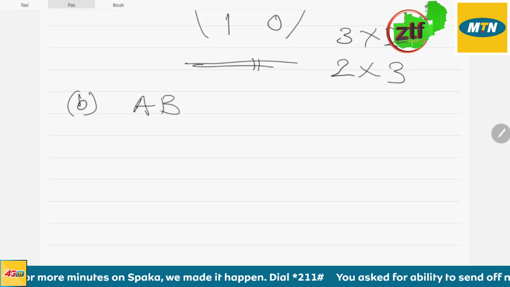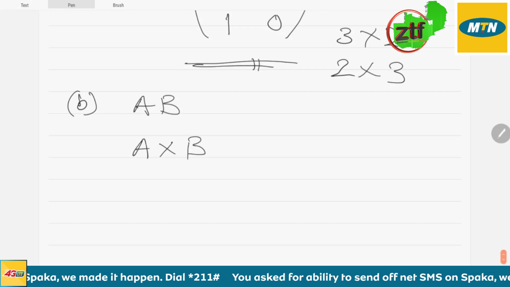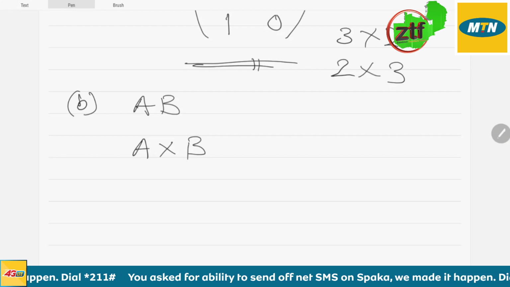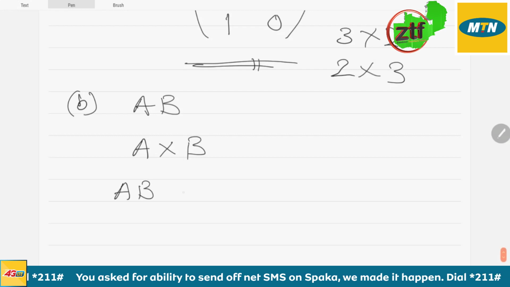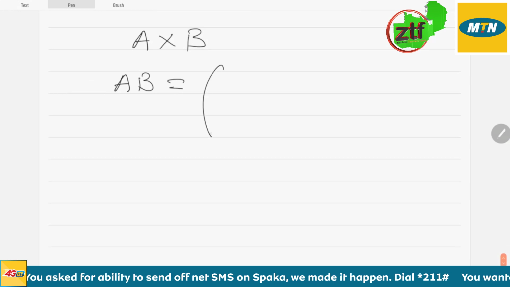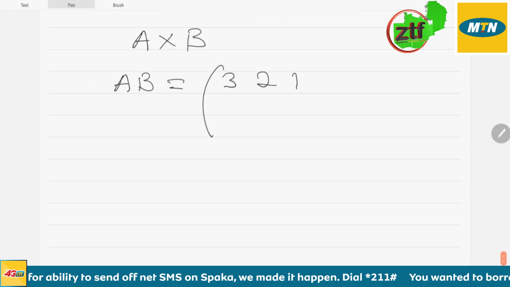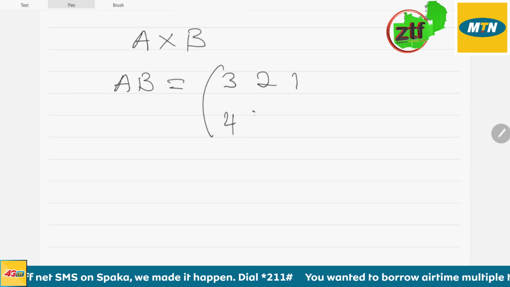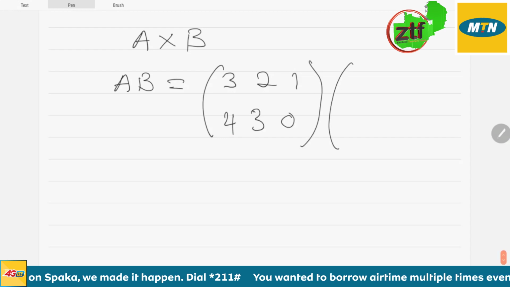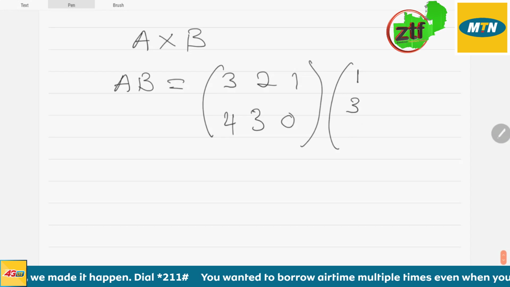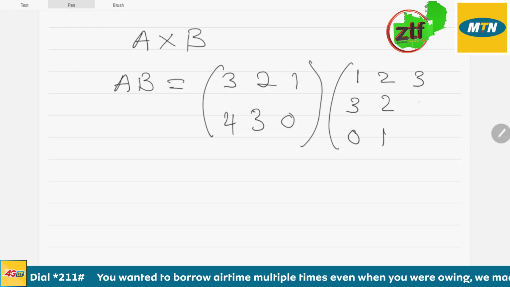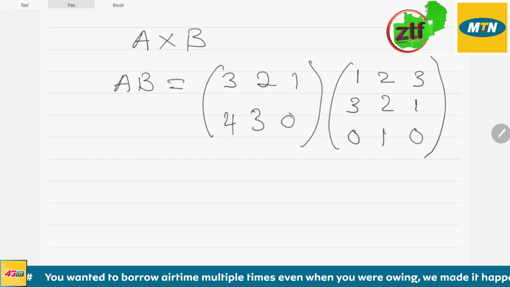Now, when you have AB, we are multiplying A times B. So when you are given AB, it's as good as multiplying the matrix A by the matrix B. So AB is equal to matrix A, which is 3, 2, 1, 4, 3, 0, times matrix B, which is 1, 2, 3, 3, 2, 1, 0, 1, 2.